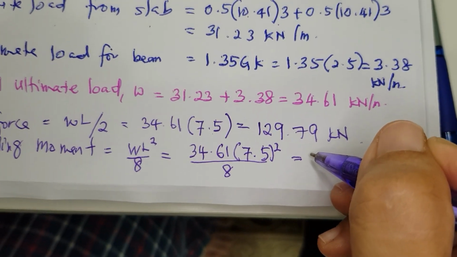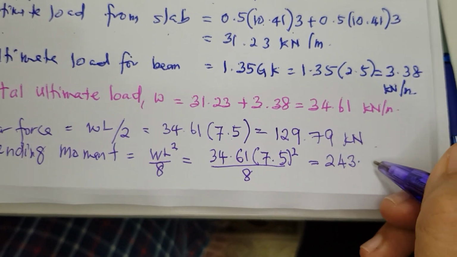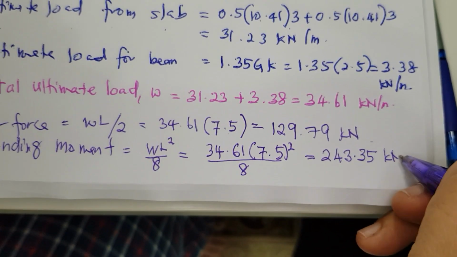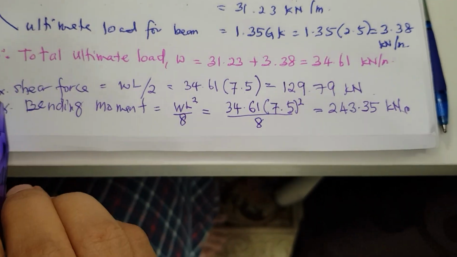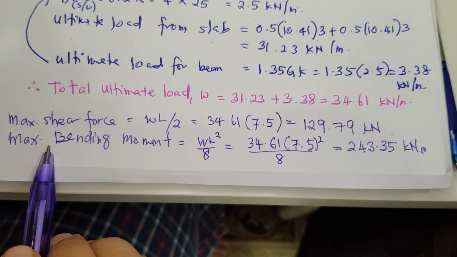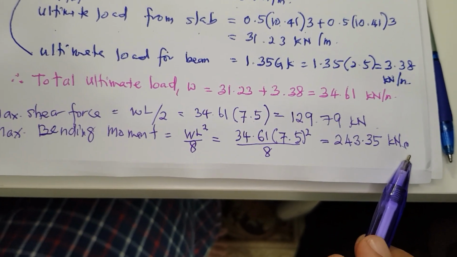So maximum bending moment is 243.35 kilonewton meter. Unit is very important. For shear force, unit is in kilonewton. Meanwhile, for bending moment, unit is in kilonewton meter.